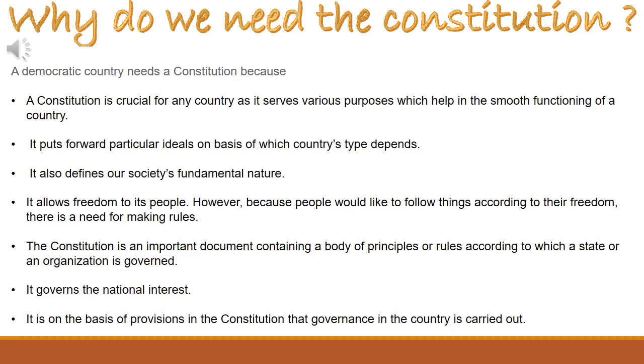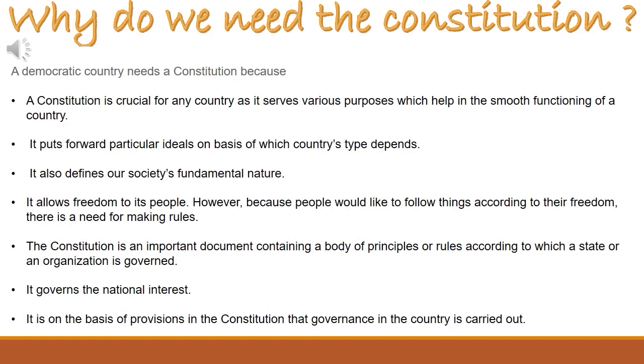A Constitution is crucial for any country as it serves various purposes which help in the smooth functioning of a country. It puts forward particular ideals on the basis of which the country's type depends. It also defines our society's fundamental nature. It allows freedom to its people.